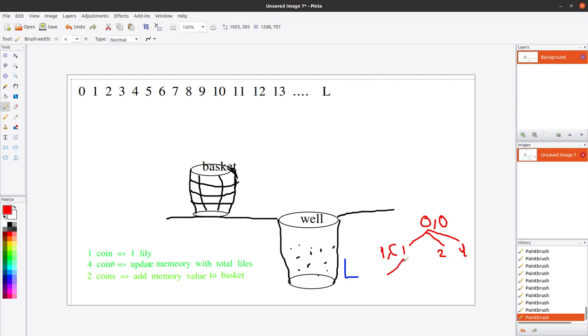Then we continue doing the same procedure. We can spend 1 coin, 2 coins, 4 coins. Then we update the value for L, the number of lilies collected, and how many coins we spent. We do this for everything. We do the same 3 possibilities at any step. At the end we can reach L number of lilies at any branch here, and it has the number of coins.